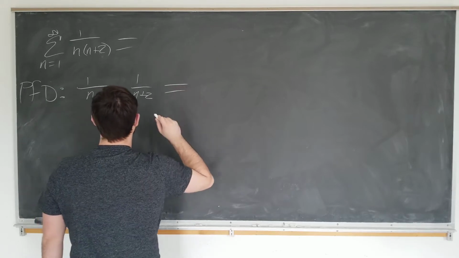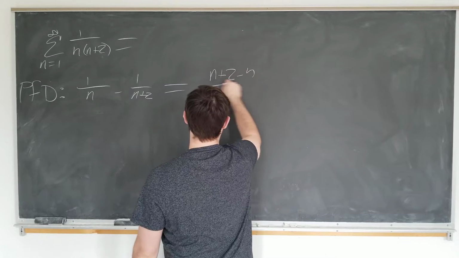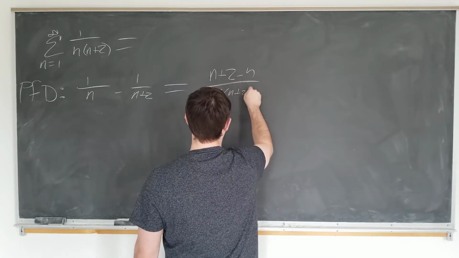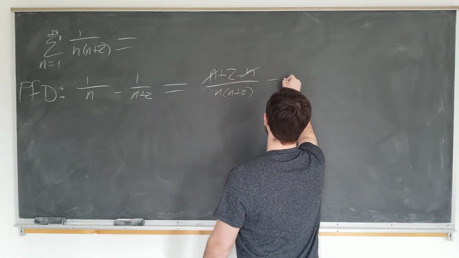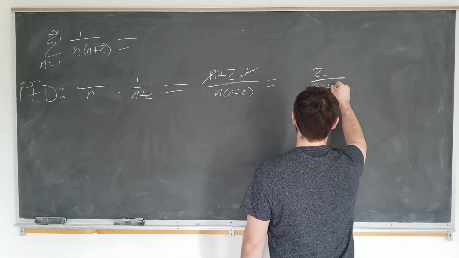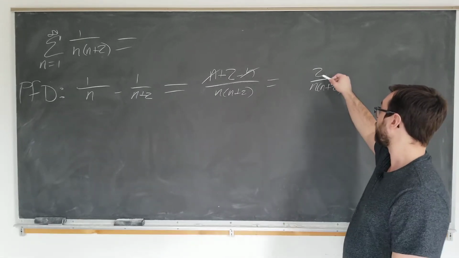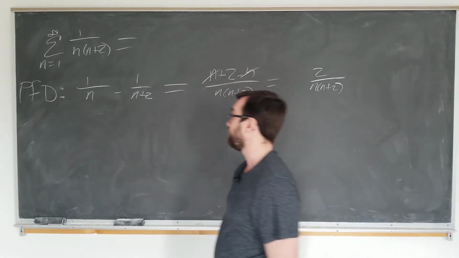If we do this, then it's going to be n plus 2 minus n over n plus 2. The n's cancel again, but now we have a factor of 2 on top. But that's pretty easy to get rid of. Just multiply our guess by 1 over the factor of 2 to get the answer that we seek.